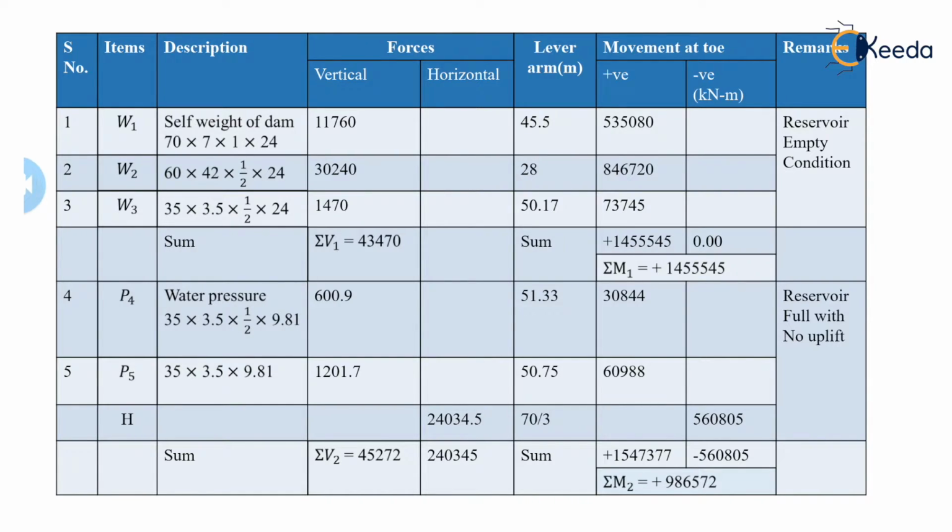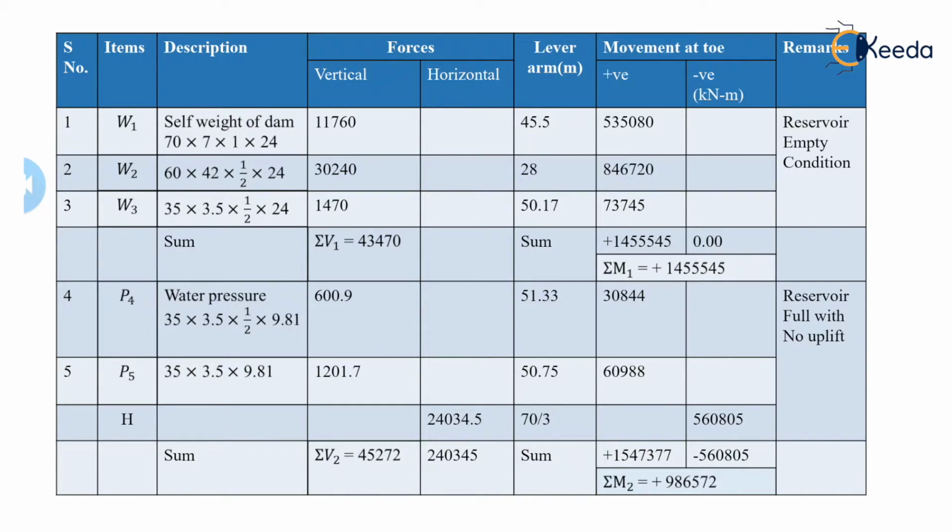See, in that particular type of numerical, conditions are given. Based on this condition, we have to give the analysis and the design calculations for the gravity dam. So you can see this table makes the calculation and understanding easy for the student and also for the examiner.